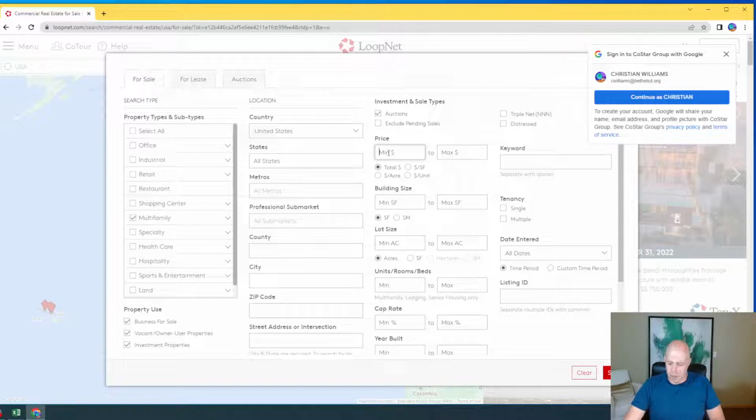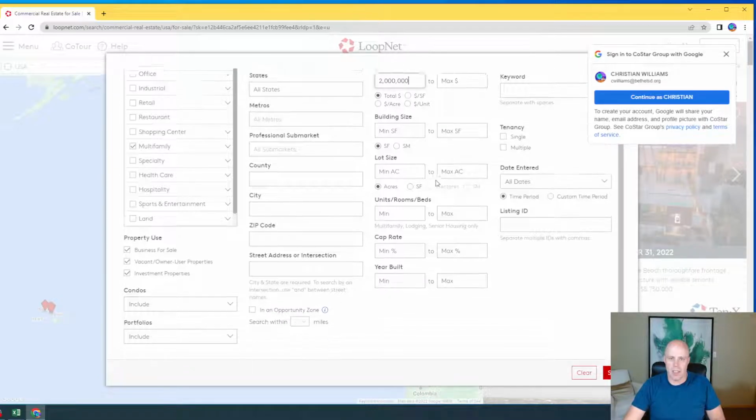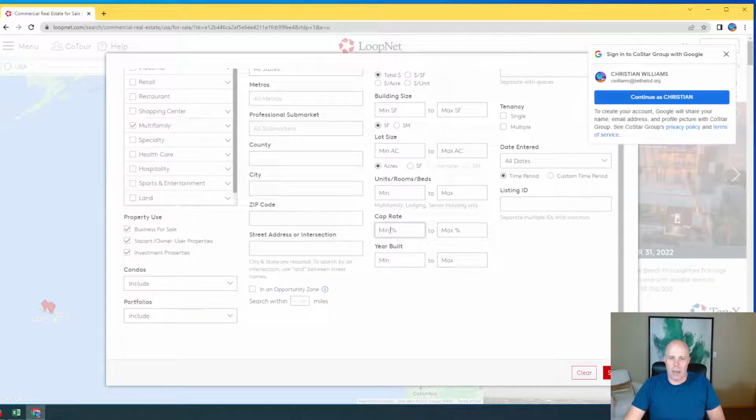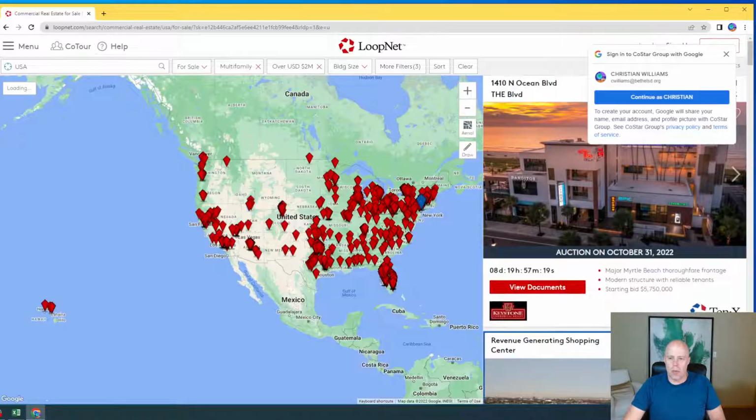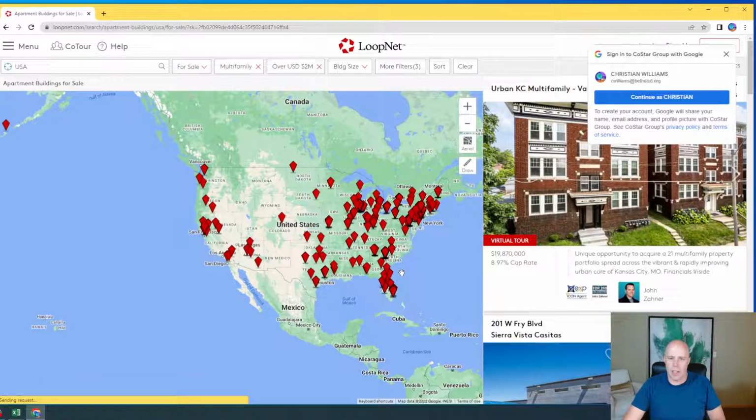And just for the sake of this, we're going to look at $2 million or bigger. I'm putting that in the price. And then I'm going to come down here to capitalization rate, and I'm going to put in, let's say 7%. I'm just typing in a 7 there. And I'll show you what we're going to have when I get done with this.